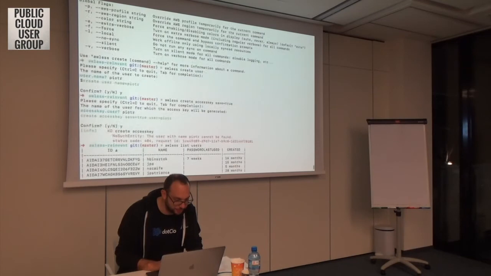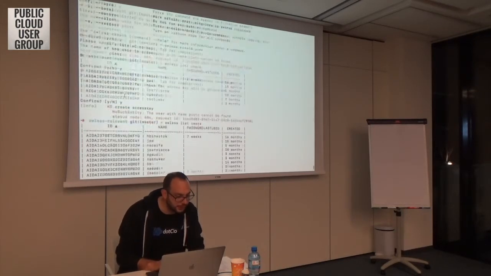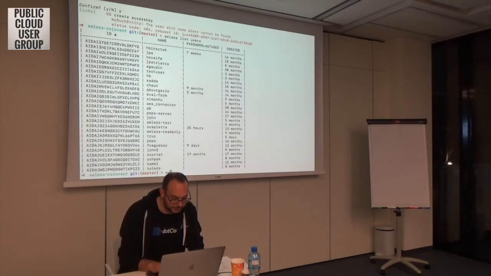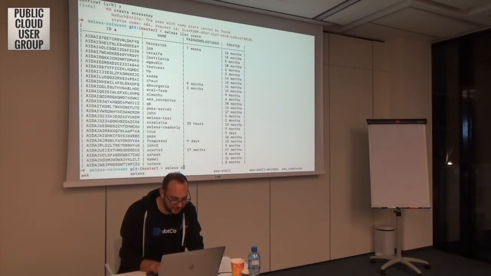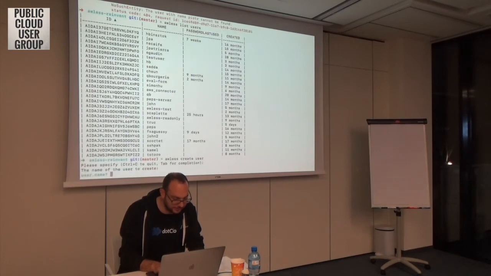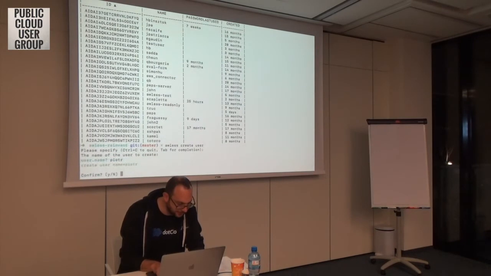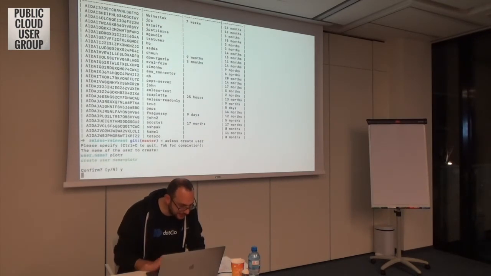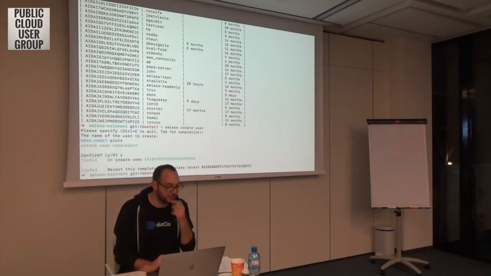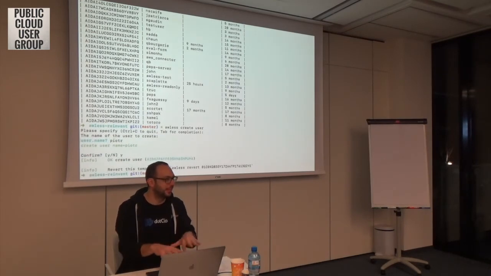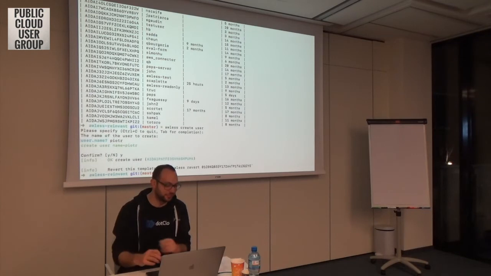What happened to Piotr? There was an error here. I don't know why. Let's try again. Okay, now this is better. I don't know what happened. I think I must have pressed Control C or something.